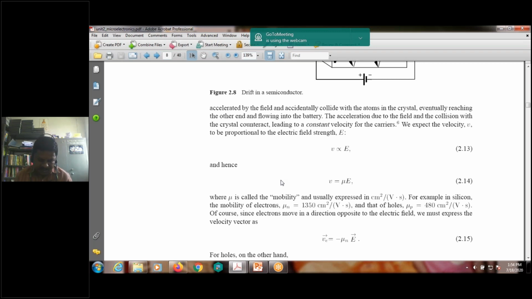And the solution is the electron carrier density is equal to 0.8432 into Ni. Similarly, the hole density is equal to 1.18 into Ni.